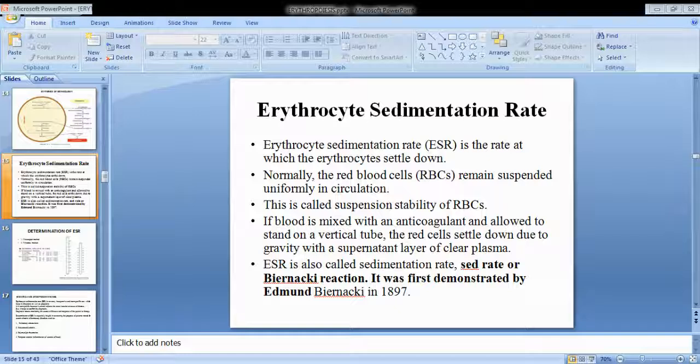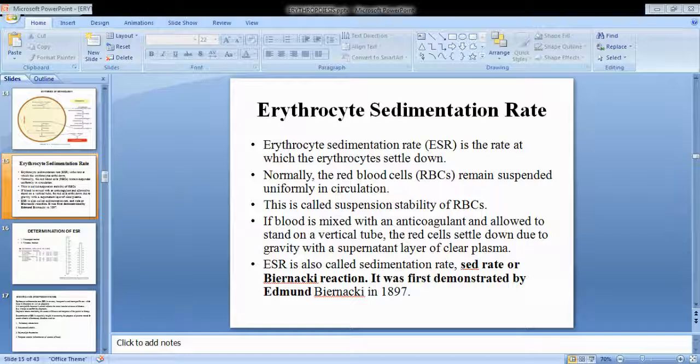When the tube has blood added with an anticoagulant, it is allowed to settle down under gravity. That is the principle used in the erythrocyte sedimentation rate. Clear supernatant plasma will be seen above, and the cells will settle at the bottom. So ESR is a very important tool.